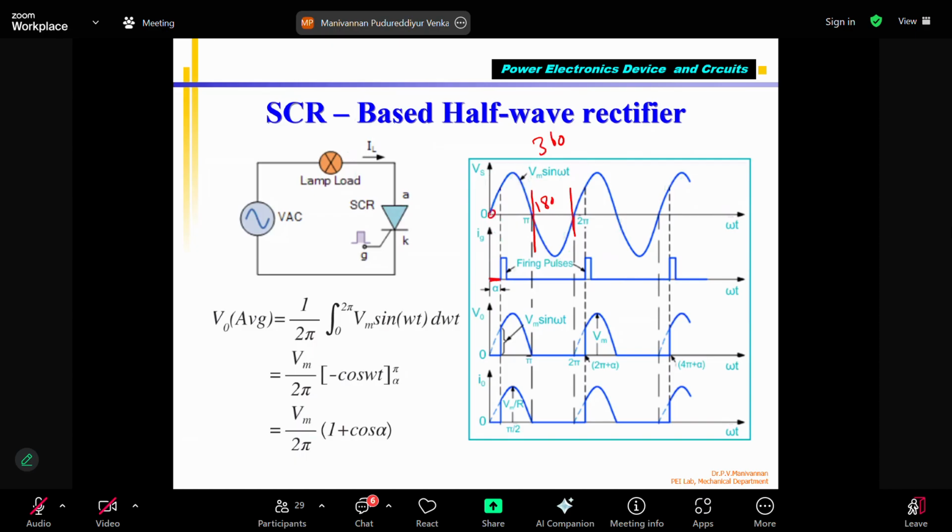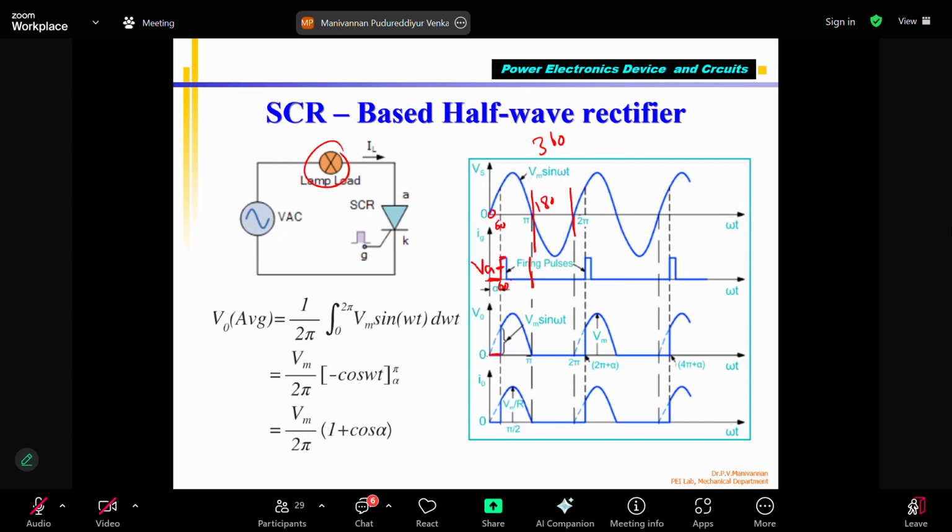Positive half cycle, 0 to 180 degrees. During 0 to 180 degrees, for example, this is 60 degrees. After 60 degrees, I gave a pulse to VG. This is my VG pulse. So IG is flowing. You can see that immediately, this is the load voltage, which was 0 as long as it's a blocked condition. After 60 degrees, with respect to time you can convert later.